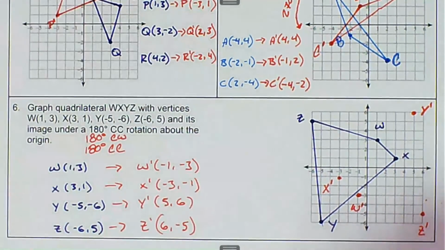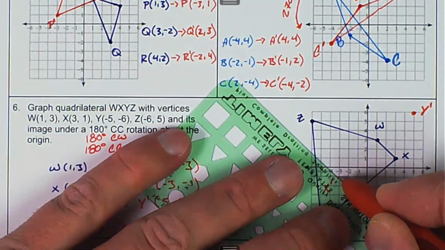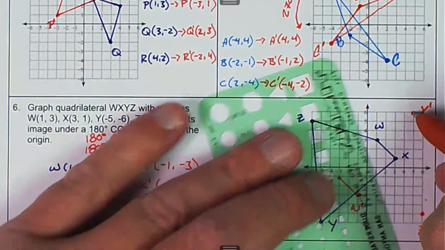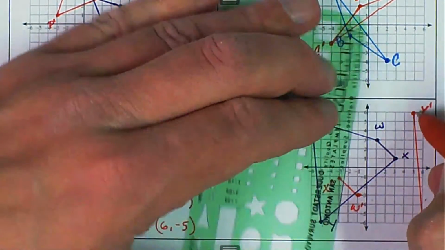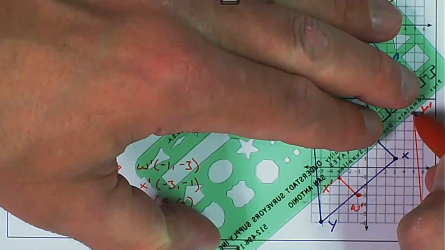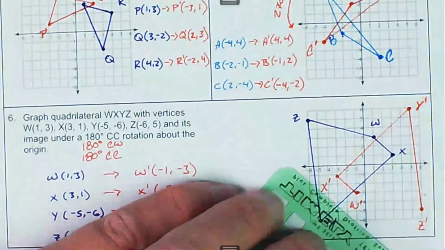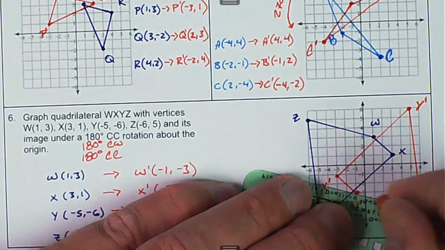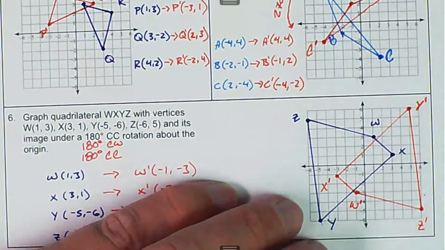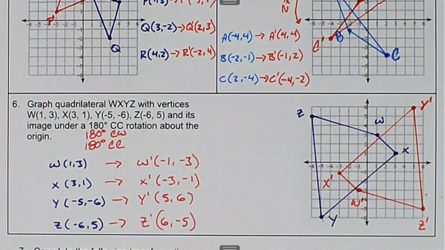That's Z prime. And then we just want to connect the dots, and then our example will be complete. And that is the rotation of 180 degrees.